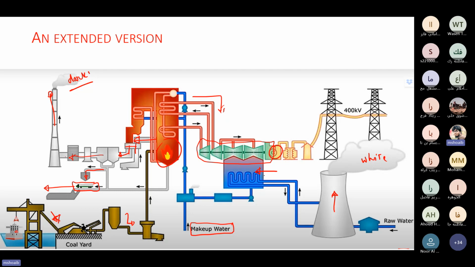So whenever you do the condensation, some part of that will be converted into vapor. So that vapor will be also released to the air. So this is not harming the environment. Okay. This is harming the environment. And this generator is now converting into electrical energy. So this is the steam power plant we had to discuss.